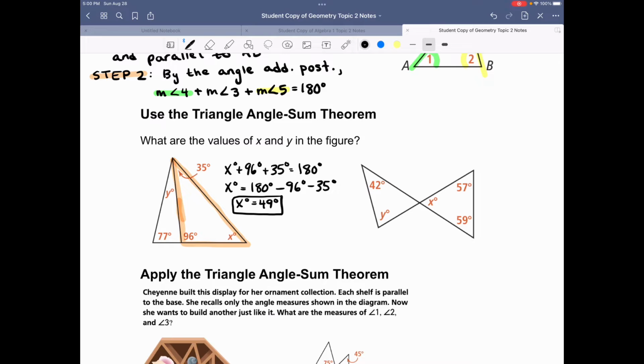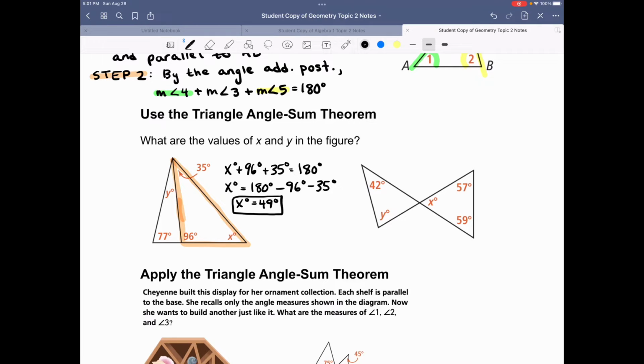All right, in y, we have... I'm just deciding which triangle, how we want to do this.